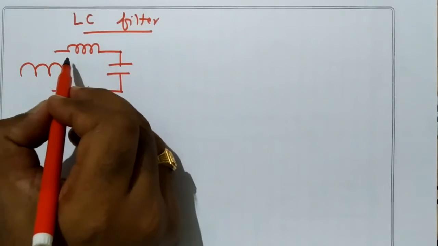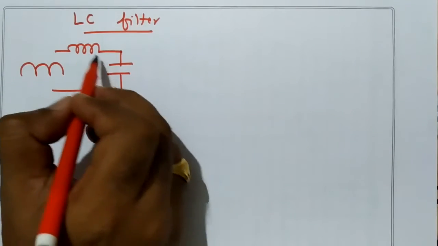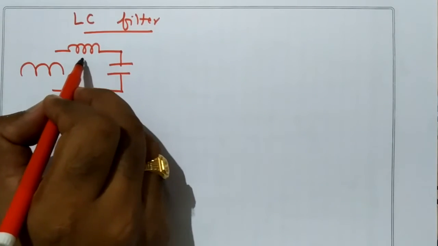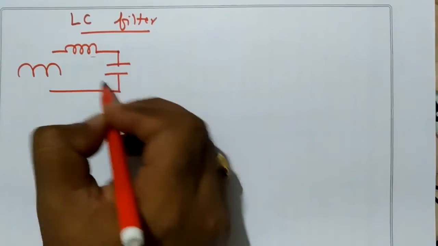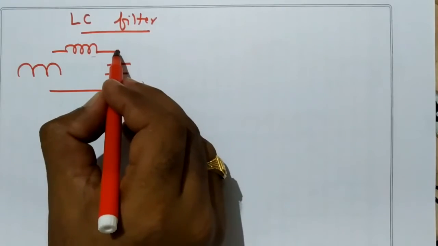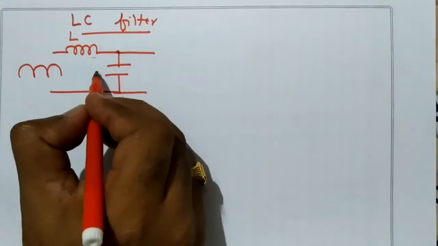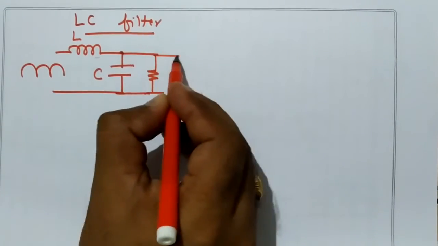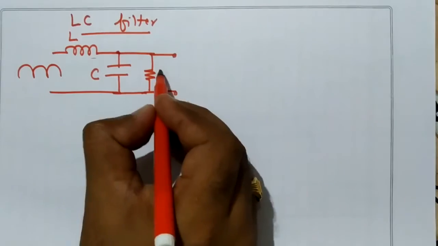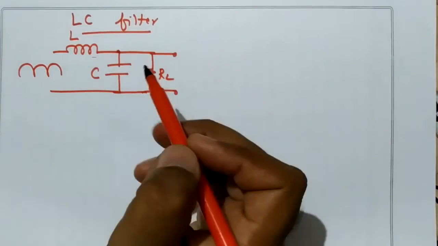Few AC components will be filtered by this, but there will be few AC components which pass through this. Those AC components will be blocked by this capacitor. So it is nothing but a combination of series inductor filter and the shunt capacitor filter. So here you connect the load. This is RL. This is called as LC filter.